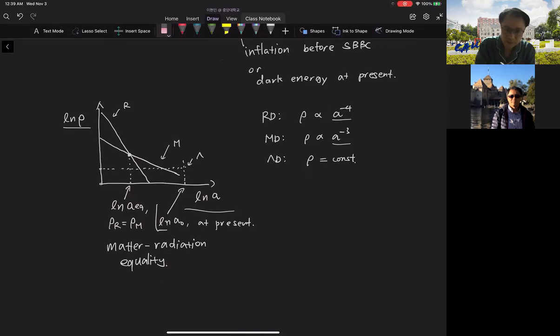With respect to this matter-radiation equality, to the left, this region is the radiation domination. On the other hand, to the right, the matter domination.